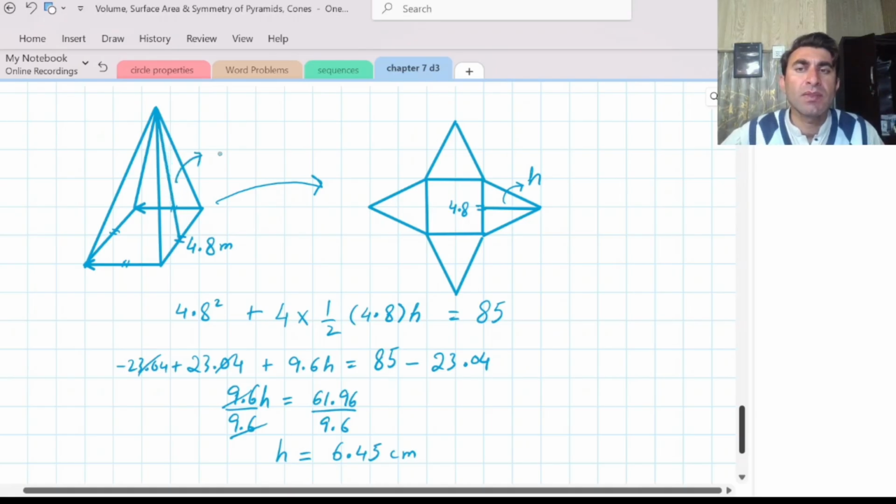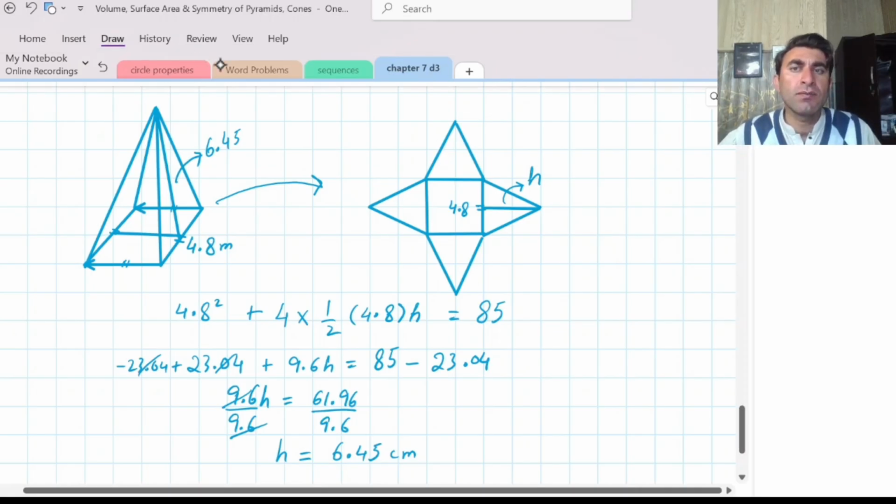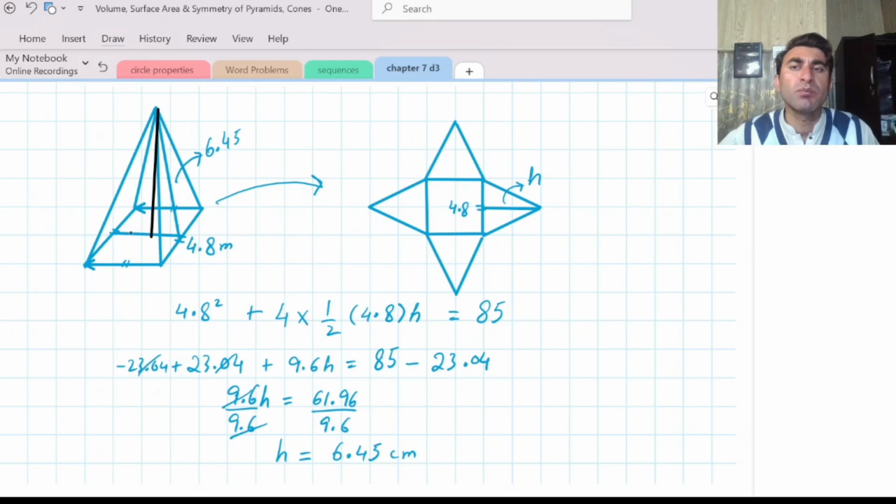This one is 6.45, and this side over here is 4.8, and when I draw the vertical height represented by the black side, it passes through the midpoint of this side, splitting 4.8 into 2.4 and 2.4.